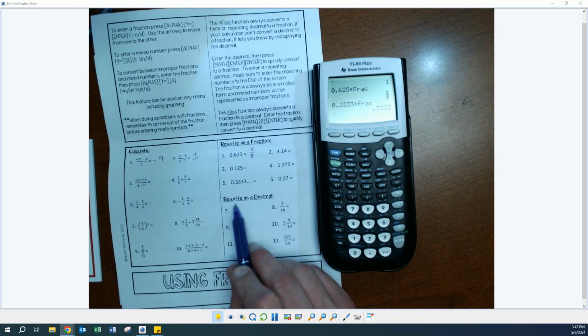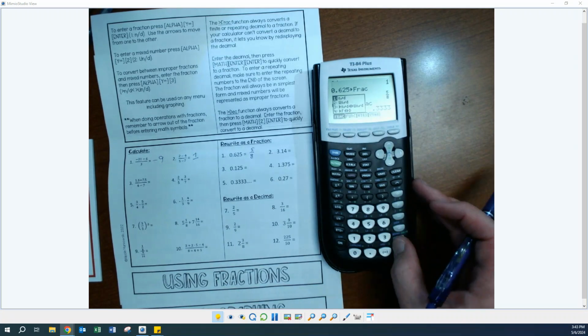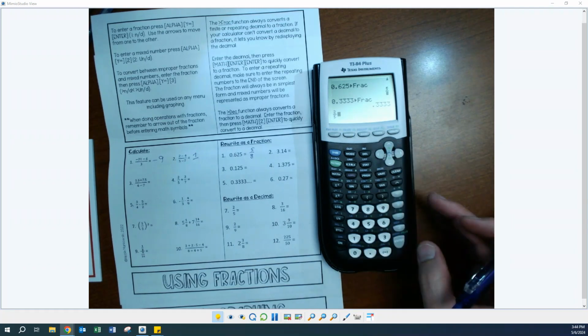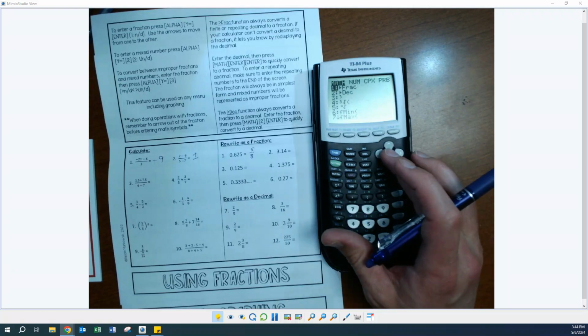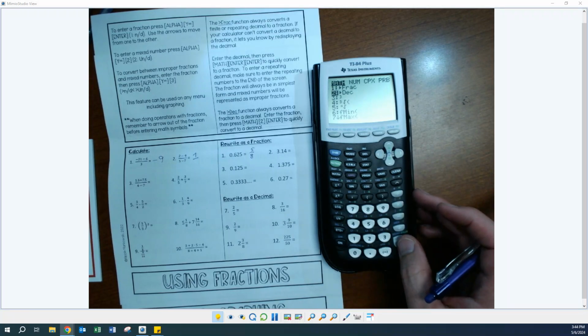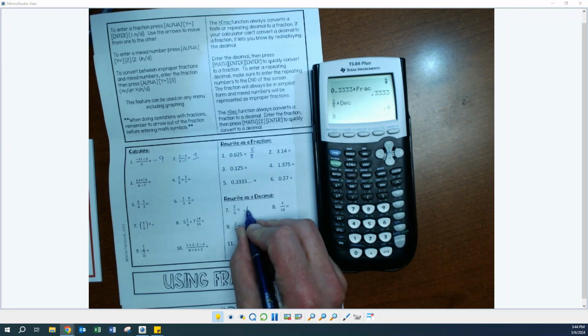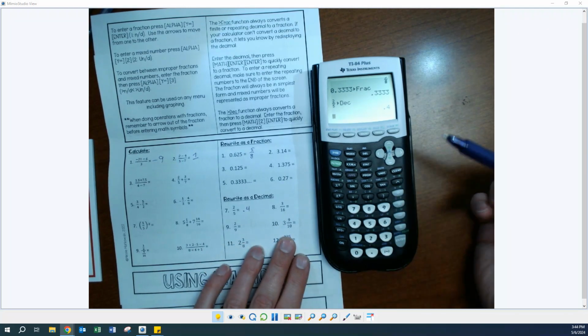If we want to convert this as a decimal, you do alpha y equals 2/5. Math, go down to decimal, hit enter, and it will tell you 0.4. I'll go ahead and do problem number 10 since that's a mixed number and we haven't seen that yet.